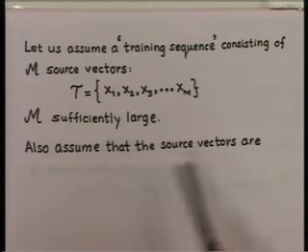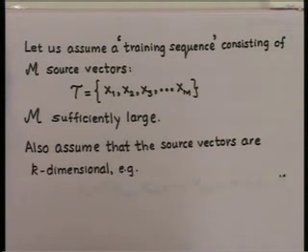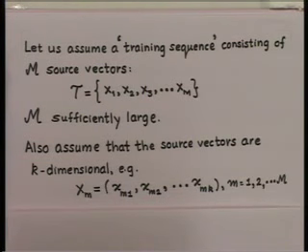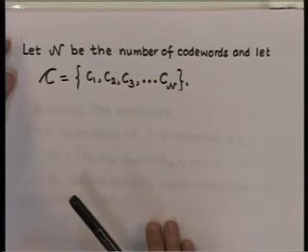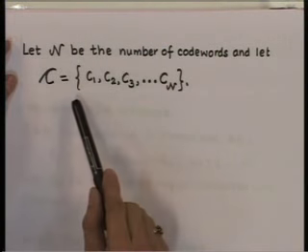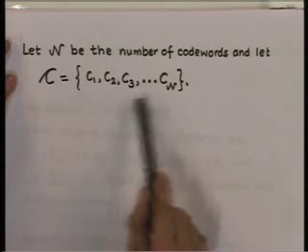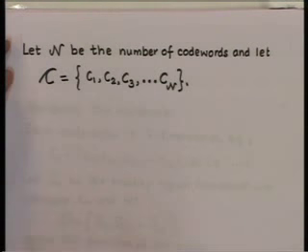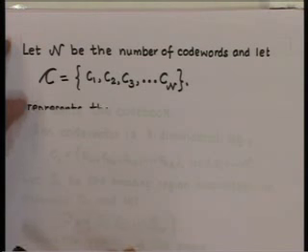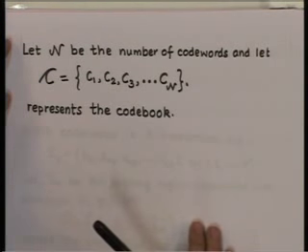Also assume that the source vectors are k dimensional. So, each of the source vectors is k dimensional. Let n be the number of code words and let C denote the set consisting of the different code vectors or code words. So, C represents the codebook.